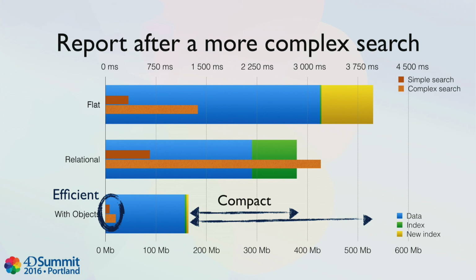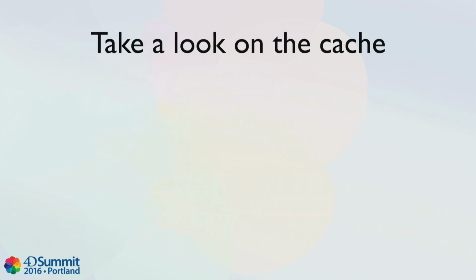Okay, but my test is only with a database with only one main table. In a complex structure, we have to take care of the cache. So take a look at the cache.